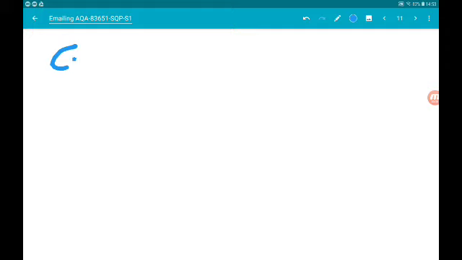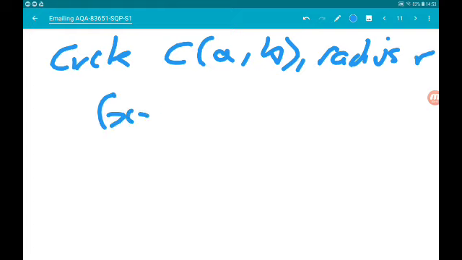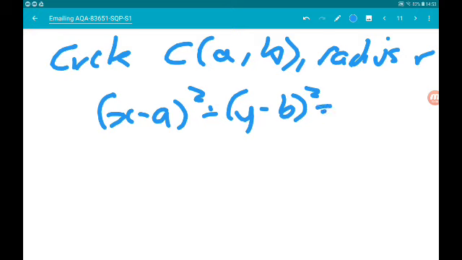A circle centered at a, b with radius r has equation x minus a squared and y minus b squared is equal to the radius squared. So that's the general equation for a circle.